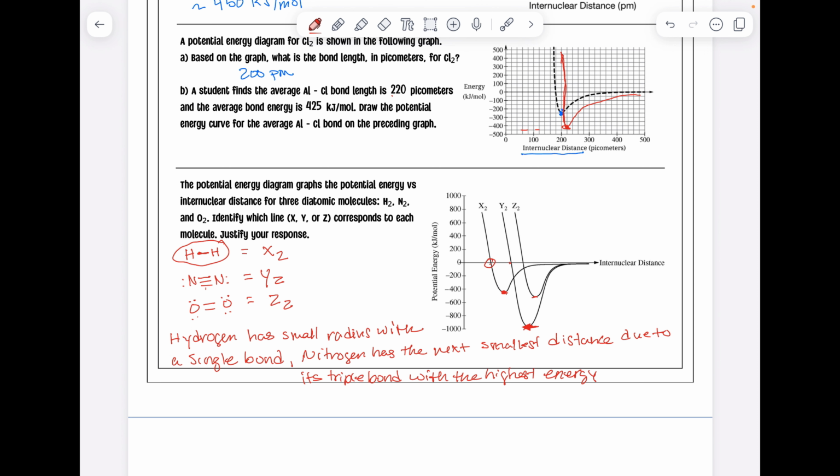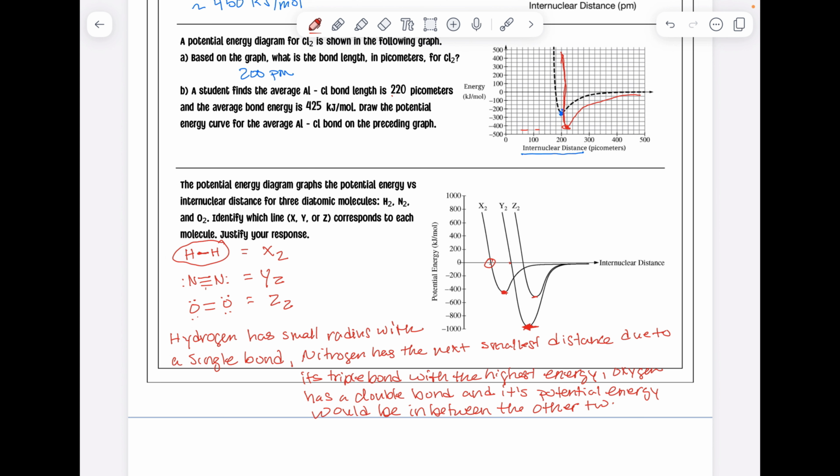And then oxygen has a double bond and its potential energy would be in between the other two.